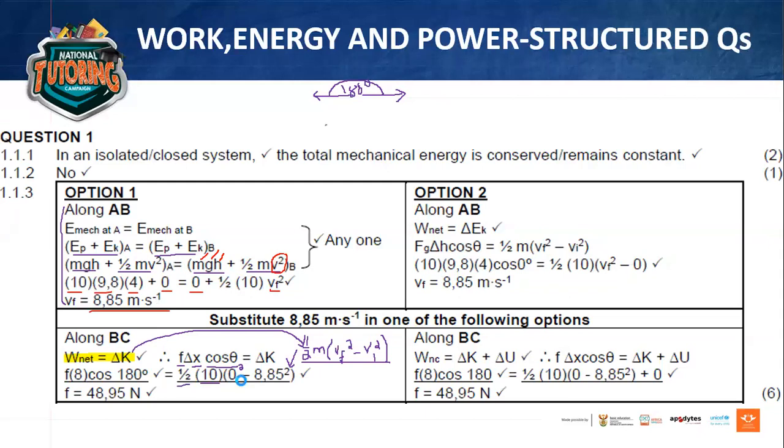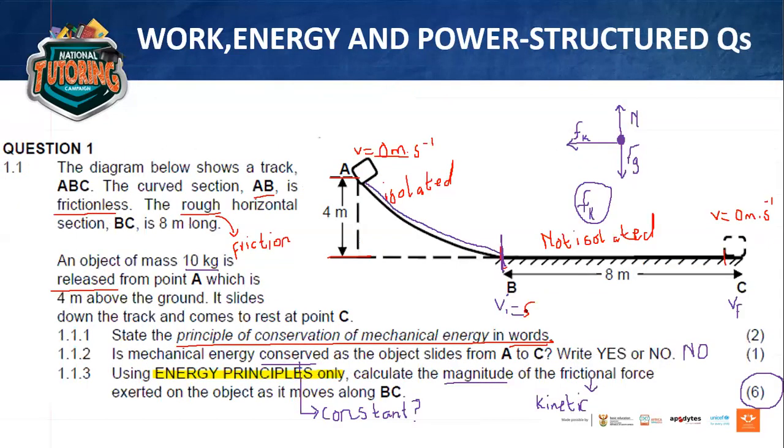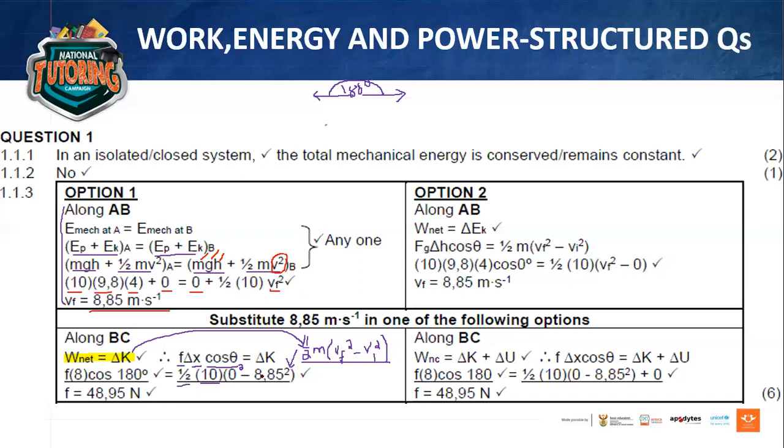If I know the speed there is 8,85, it means I know the initial speed. I put it there, the initial speed of 8,85 squared. And I get my frictional force to be 48,95 newtons. So this is where the 6 marks were coming from, and it was a multi-step answer.